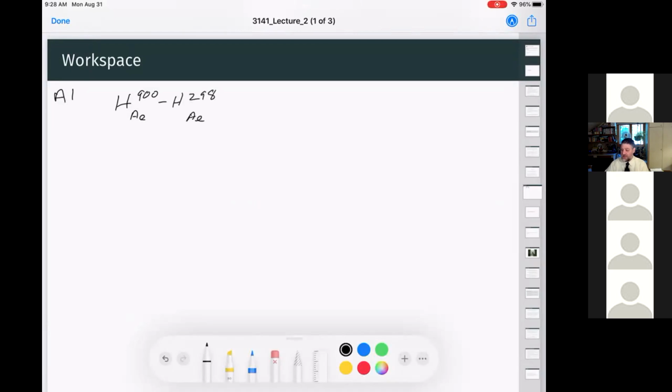What's the enthalpy of aluminum at 298 by definition? This is 0, right? The enthalpy of pure elements at 298 is by definition 0. So we just need to calculate the enthalpy of aluminum at 900, which is just going to be the specific heat.